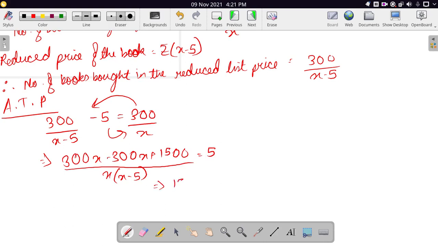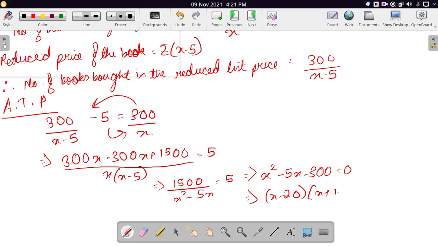Now 1500 by x square minus 5x is equal to 5. We attempt to solve this. That is x square minus 5x minus 300 is equal to 0. So this is basically x minus 20, x plus 15 is equal to 0. x will again not be negative because we have assigned variable x to be rupees, that is, an amount of money.